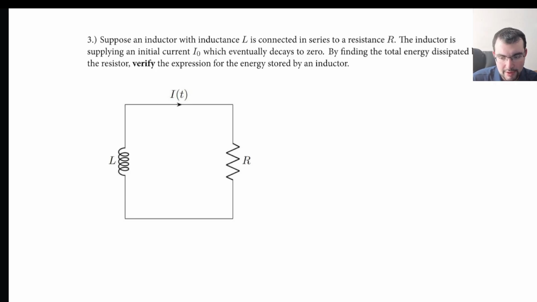So let's do that. First, what we're interested in is total energy dissipated. The total energy dissipated by the resistor is just all of the power dissipation times time, because power is the rate that you dissipate energy.